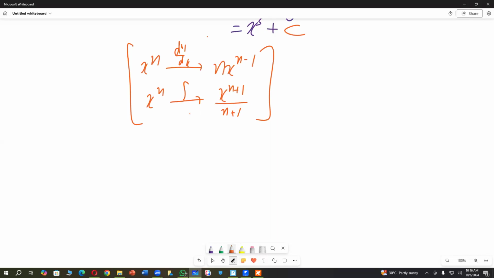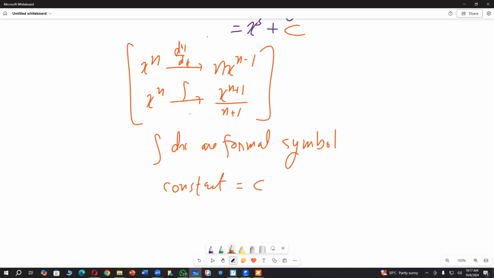Second concept, the symbol this and dx are formal symbols. They will go with the question and they will disappear once the integration is done. The third point, the constant, which can be any letter.